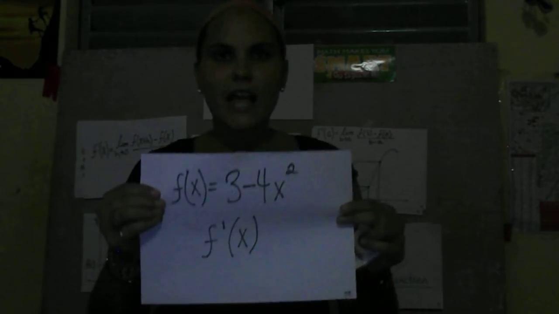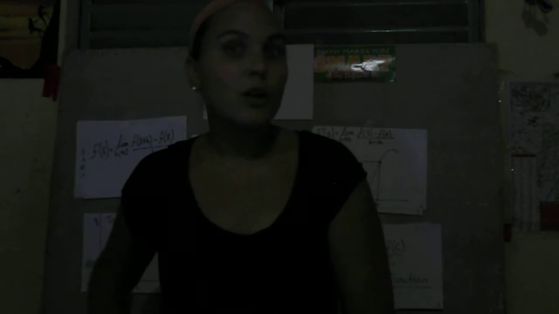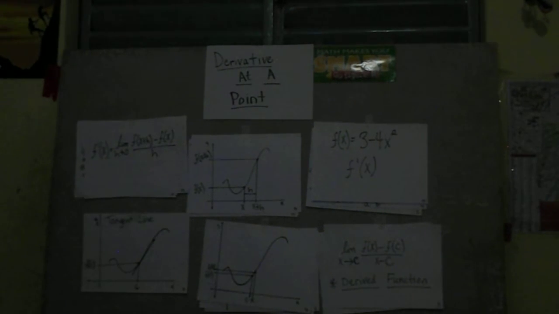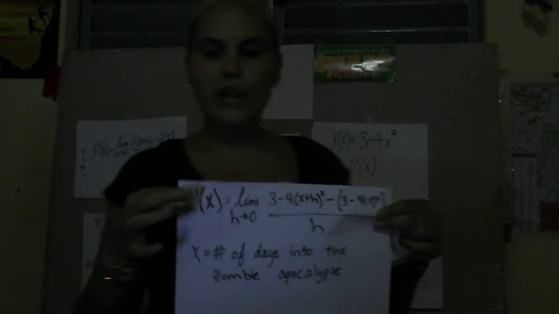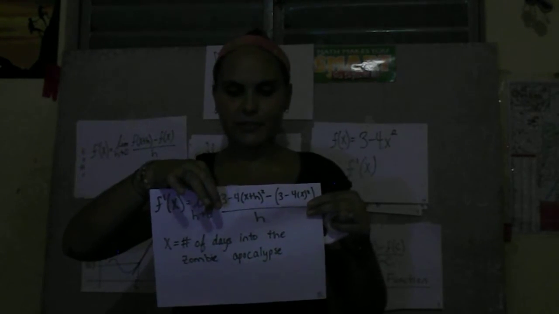Now, what I'm about to show you is top secret, the function that the CDC gave me. F of x equals 3 minus 4x squared. What we need to find is f prime of x. So, we're going to take our common notation, f prime of x equals limit as h approaches 0.